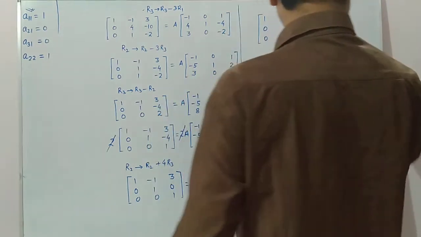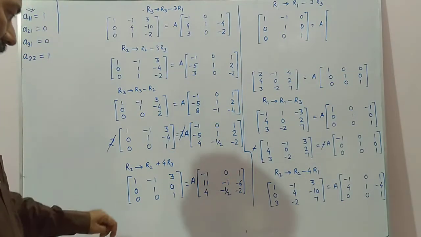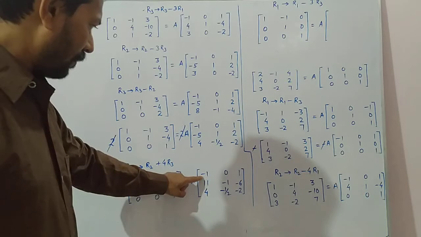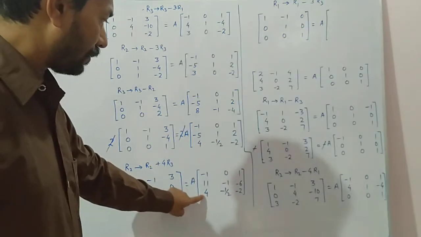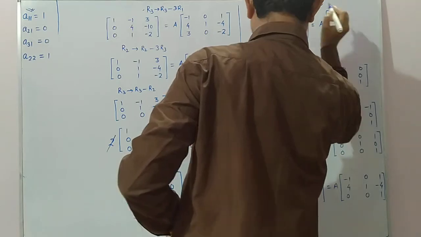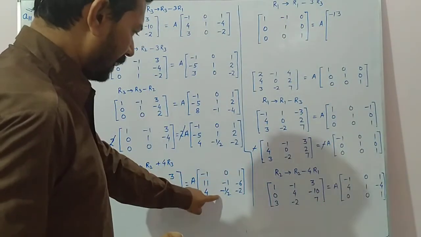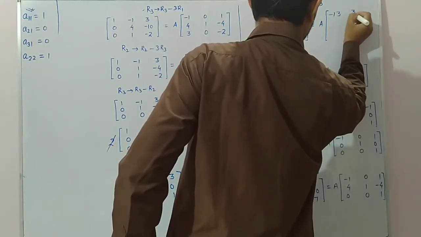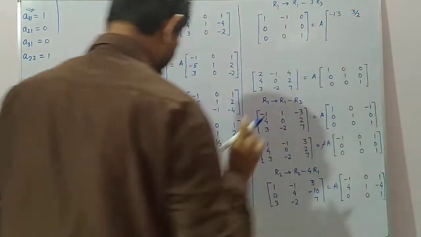Here it is R1 minus 3 R3. So 1 and minus 3 into 4, 12, minus 13. So here you are getting minus 13. 0 minus minus plus 3 by 2, 3 by 2.